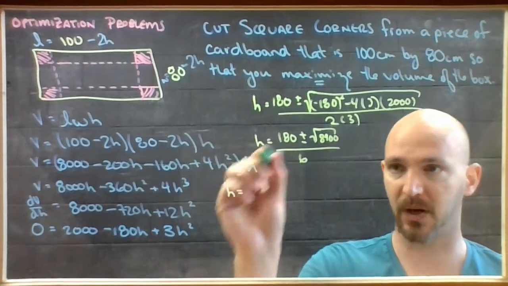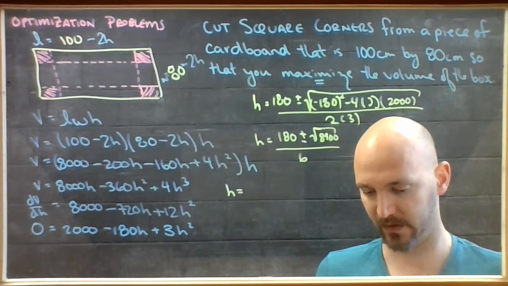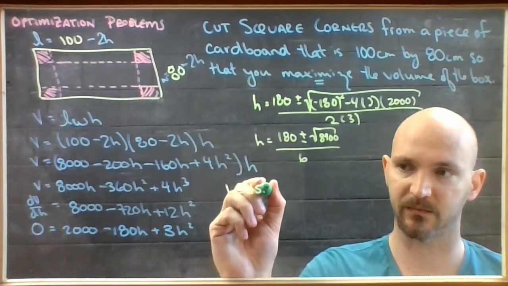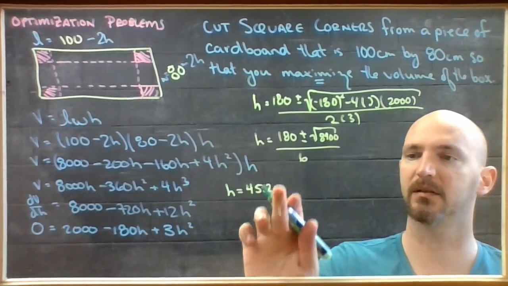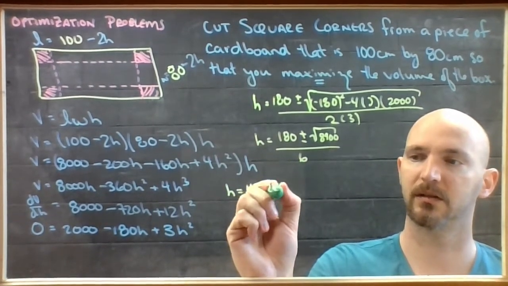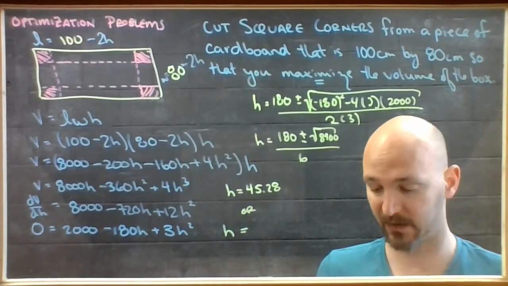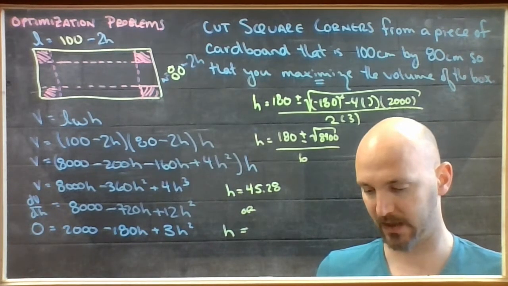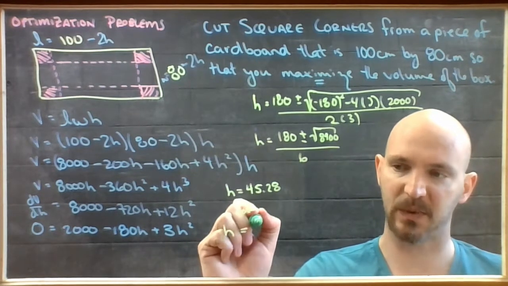So the positive, the square root of that plus 180, divided by 6, gives me 45.27 to 8 if I round properly. Or if I do the negative version, which usually gives me negative numbers, we'll see what happens here. Square root of 8,400 divided by 6 gives 14.72.